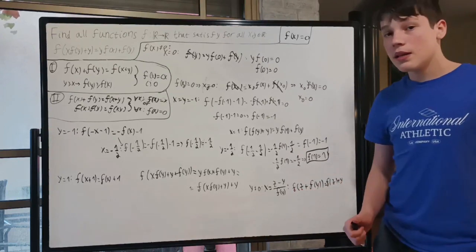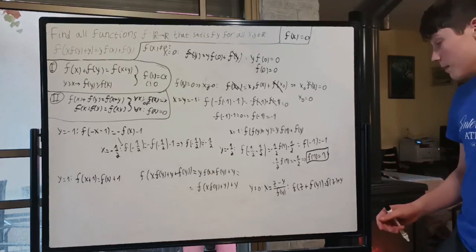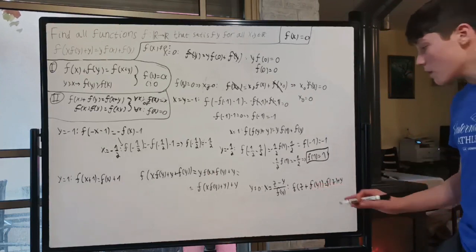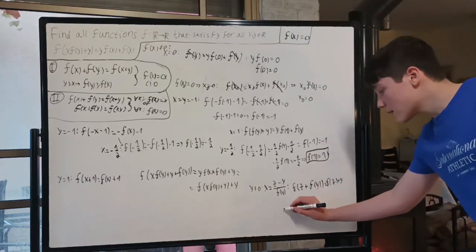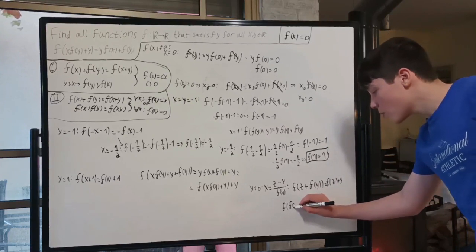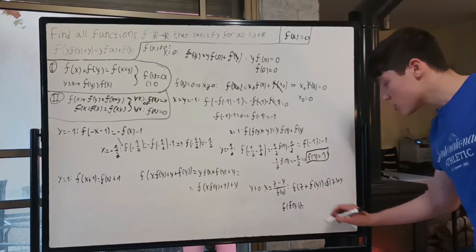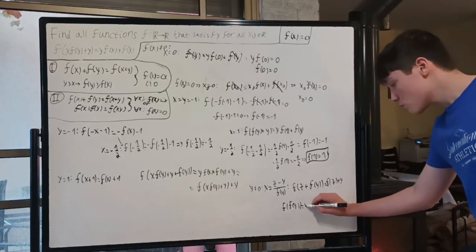But now let's plug in here a value of z instead. If I plug into here z equals 0, I get f of y is equal to just f of 0, 0, we get y.